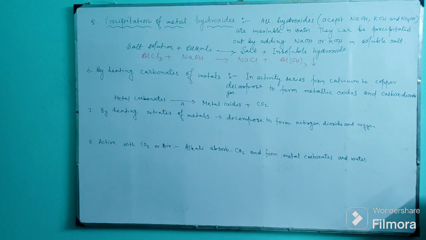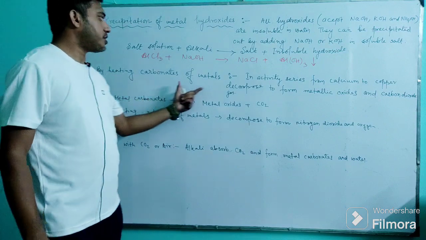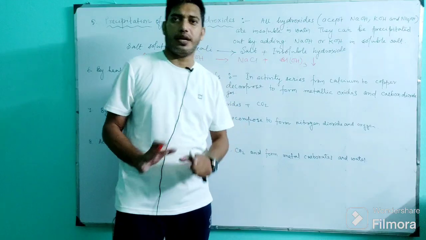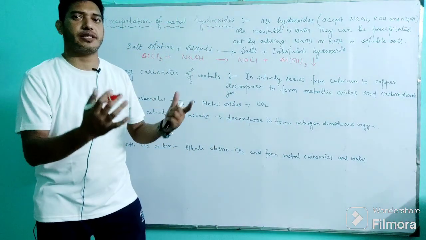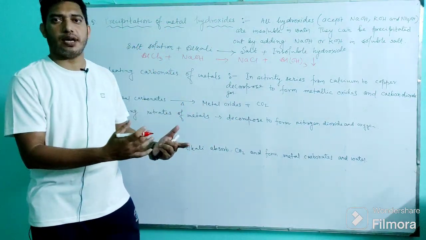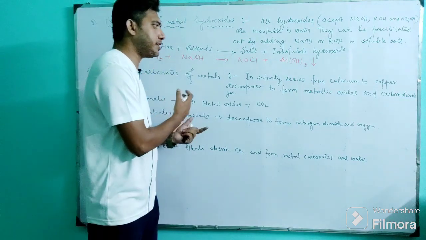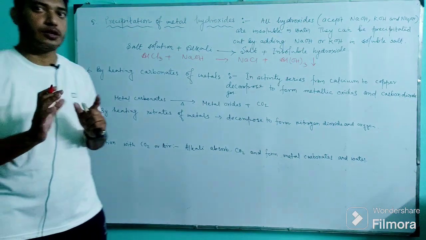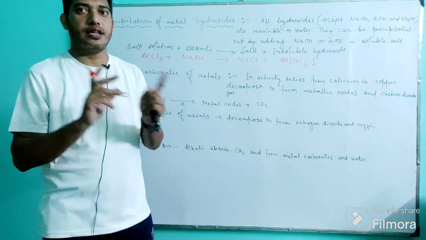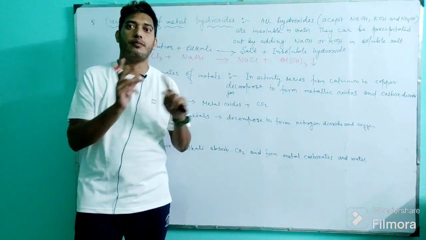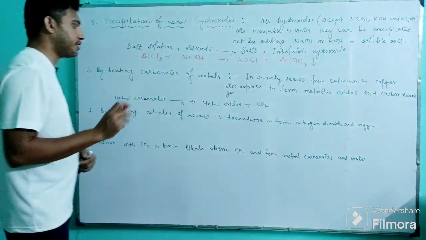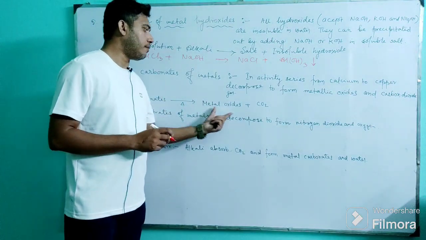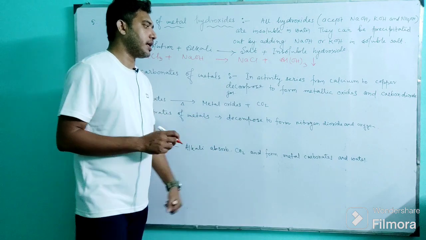Okay, next is heating carbonates of metals in the activity series from calcium to copper. All these carbonates will be decomposed by heat and form a metal oxide and carbon dioxide. This point you have to remember: metal carbonates on heating form metal oxide and carbon dioxide.